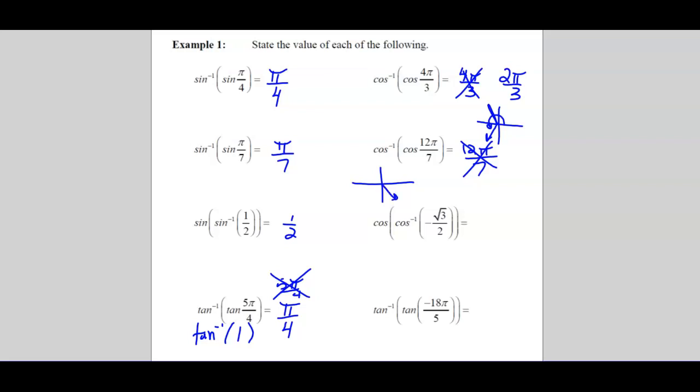Right? So when you take the cos of that and then take the inverse, that's too big. Where does it have the same cos? In the 1st quadrant. What's the reference angle here? 2 pi over 7. So that's going to be 2 pi over 7. Smallest angle.